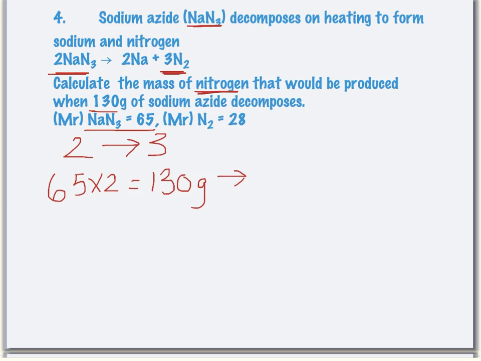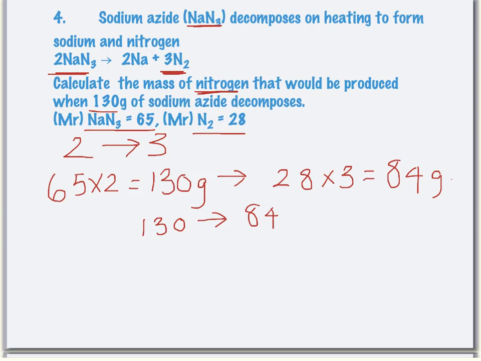3 moles of nitrogen. So the relative molecular mass of N2 is 28, so that will be 28 times 3, which will be equal to 84 grams. So we have 130 grams making 84 grams. So, usual method, how much will we get if we have 1 gram?